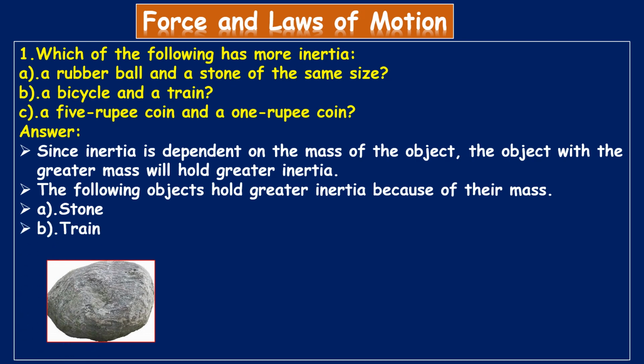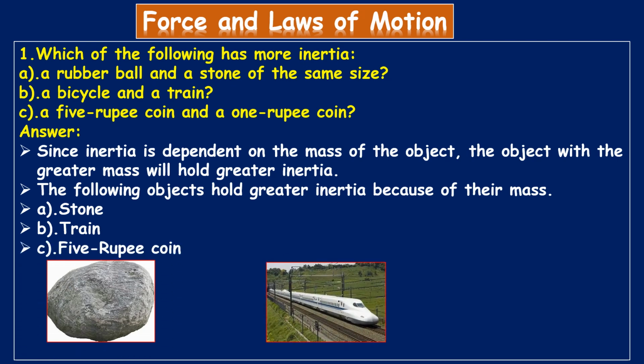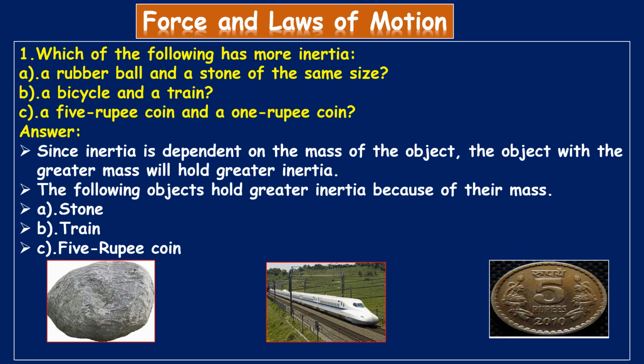A train has more inertia than a bicycle, since the train's mass is more than the bicycle's. And third one, 5 rupee coin and 1 rupee coin. Of course, the 5 rupee coin, since its mass is more than the 1 rupee coin.